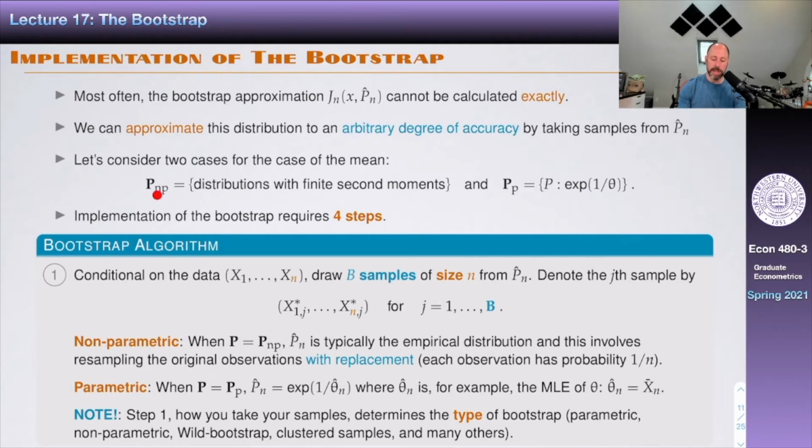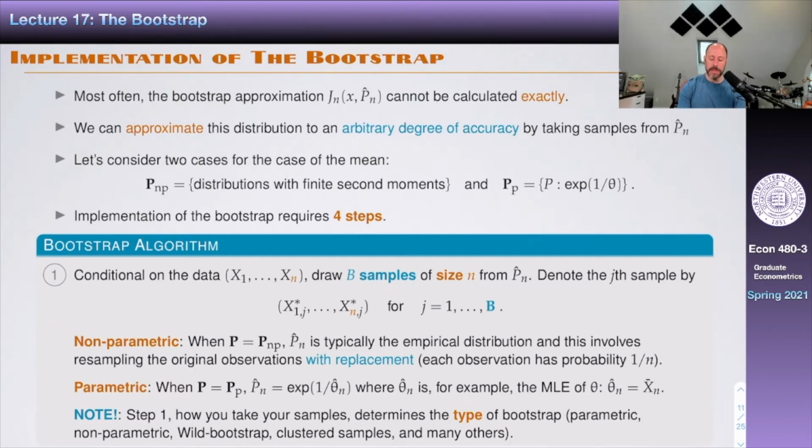So NP stands for non-parametric Bootstrap, okay? And the second one is where bold P is parametric. For example, P is the family of exponential distributions with parameter 1 over theta. This is just an illustration to contrast two cases, one where we have a parametric model and one where we have a non-parametric model, or semi-parametric if you want, as we're assuming that there are second moments and so on.